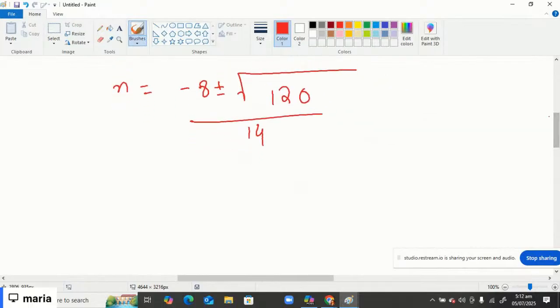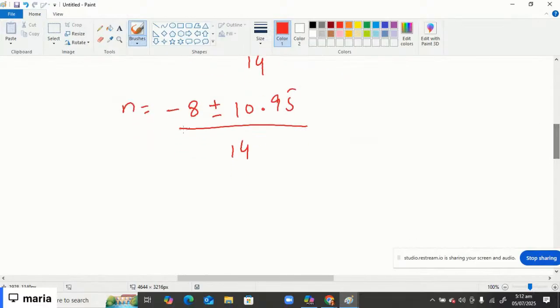Now taking the square root of 120, what is the answer? So 10.95, plus minus 10.95 over 14.